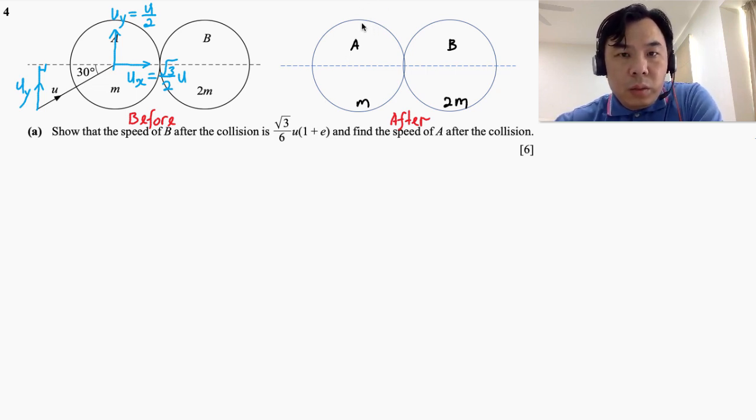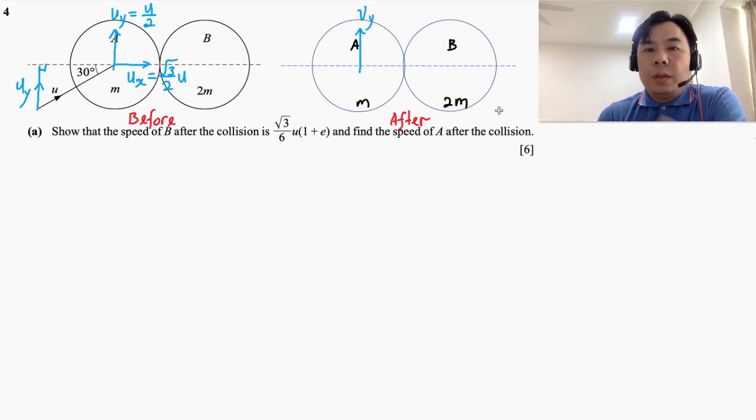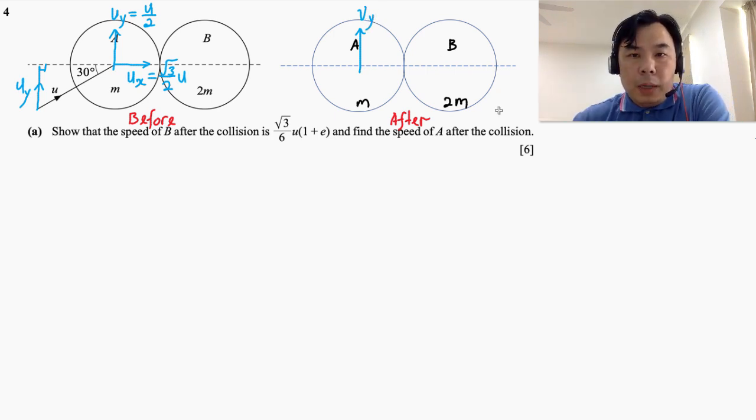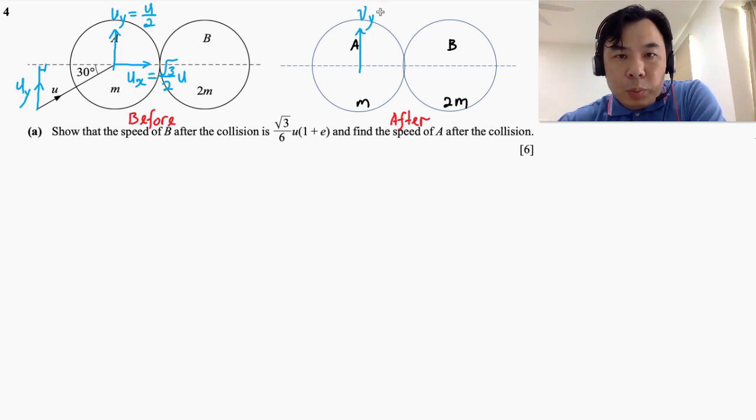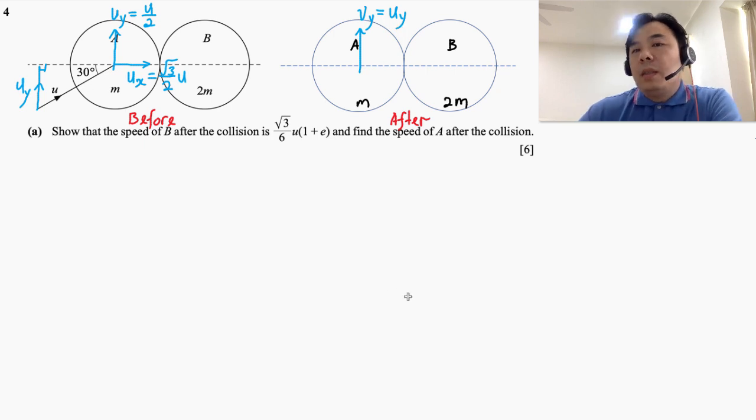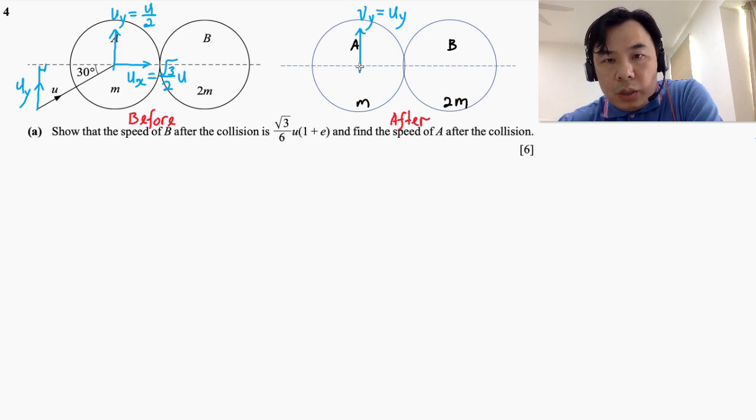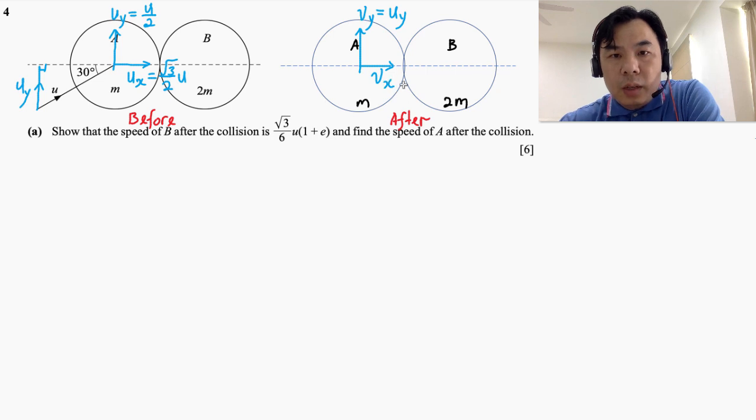After collision, I'll label the vertical component as vy, and it will be the same as uy here. Right? But the horizontal component of the velocity after the collision, that would change. So this one we will label as vx. This one we are going to figure out later.